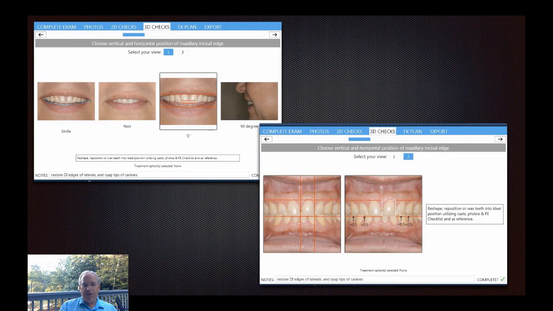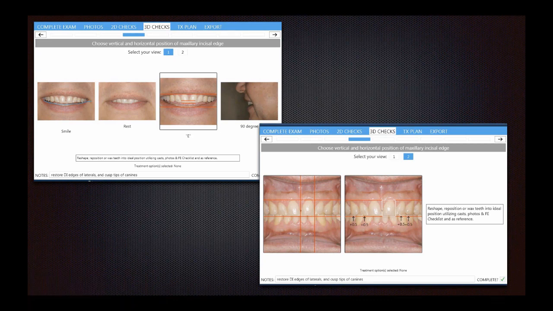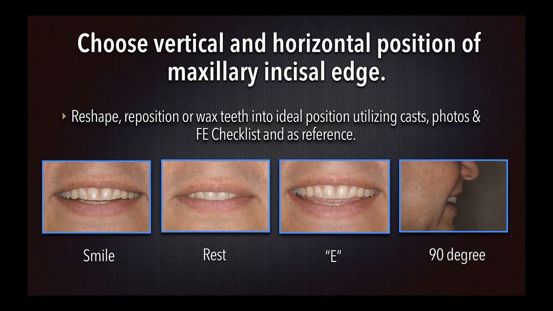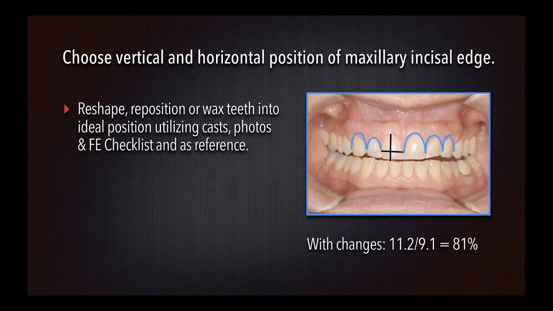Upper incisors: we make a lot of our decisions on upper incisors from the smile design, which goes beyond the scope of this lecture. But if we can figure out, looking at photographs, where the incisal edges should be, we have some key photographs where we make that decision: the smile, the rest position, the E position, and the profile smile.